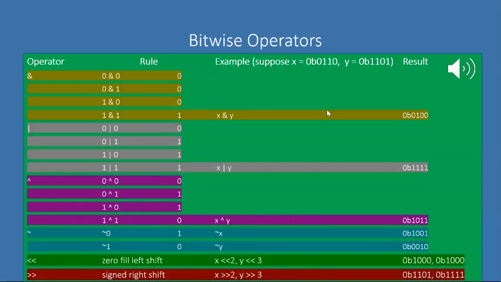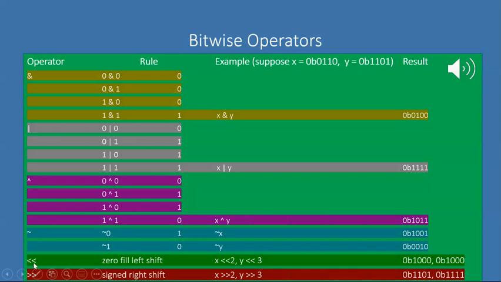Ampersand symbol is for bitwise AND. Vertical bar symbol is for bitwise OR. Caret symbol is for exclusive OR, which gets true when the two operands are different, and false when they are the same. Tilde symbol is for bitwise NOT.